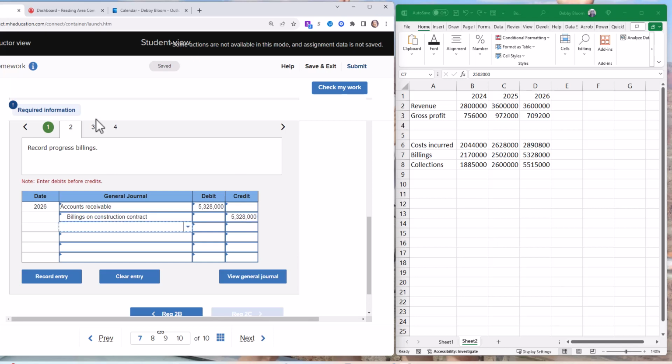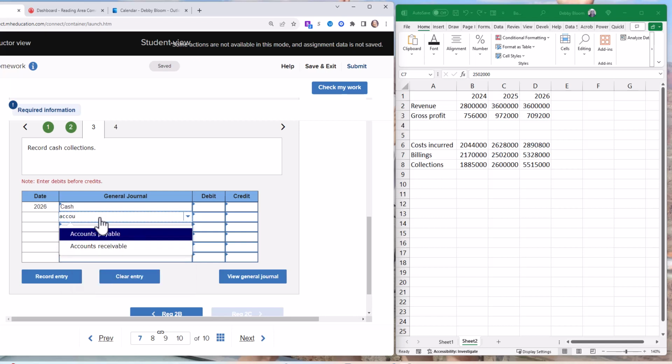To record the cash collections, we're just going to debit cash. Remember, not the cash materials, just regular cash, and credit accounts receivable. So that's for the collections in 2026, $5,515,000.